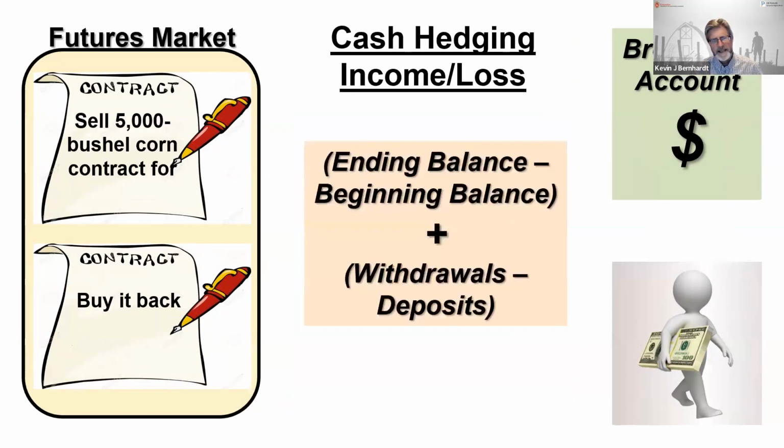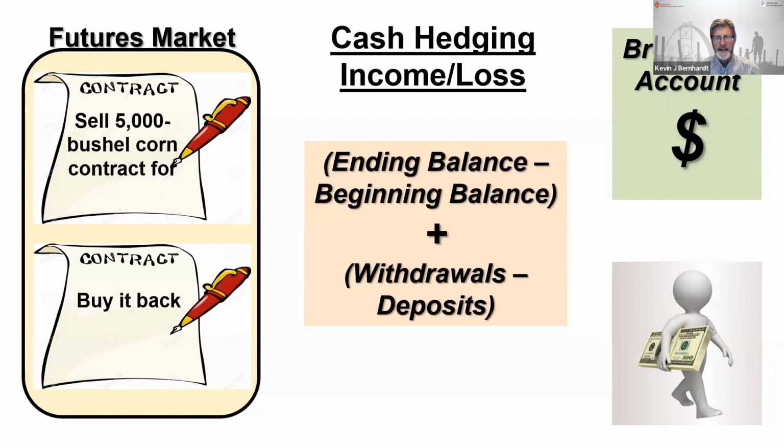So how do we take this together and figure out our cash hedging income and losses? It's actually quite simple in terms of the spreadsheet system, but a little bit complicated in explanation. What you see in the middle of the visual in that orange shaded part is the formula for cash income statement hedging income or losses.